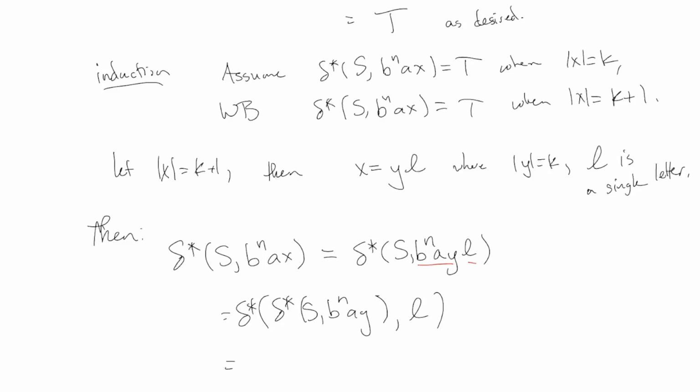So this is my induction hypothesis step, delta star outside, T, comma, L. And then according to the diagram, if I'm in state T and I do one more letter, it doesn't matter what that letter is, the answer is still going to be in state T. So this is T, which is what we needed to prove.